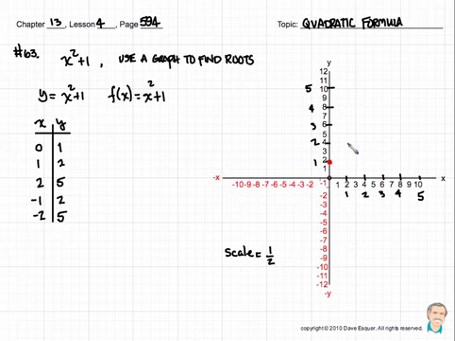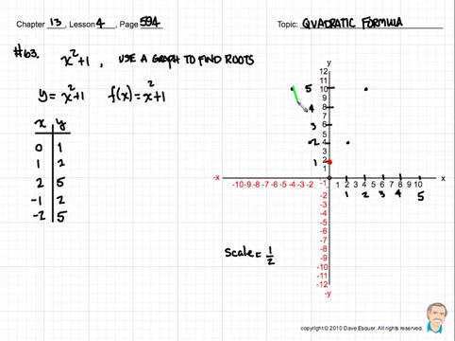So we got 0, comma 1. Okay. We got 1, comma 2. We got 2, comma 5. We've got negative 1, comma 2. And we've got negative 2, 5.